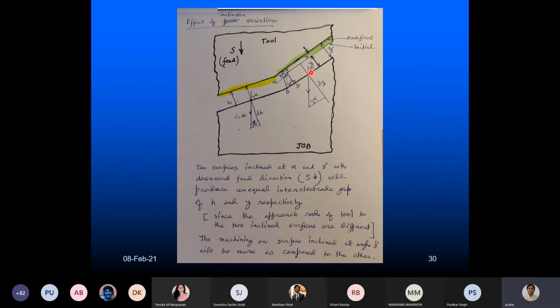Whereas for this, again this is S into dt, and this angle is gamma. This is wrongly written, this is gamma. We have to correct this. So this will change proportionally, depending upon these values.